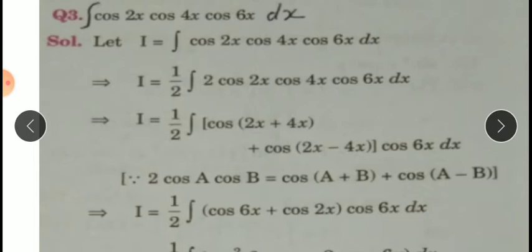You know the formula, 2 cos A cos B is equal to cos (A plus B) plus cos (A minus B). Here, 1 upon 2 integration, this is 2 cos A cos B, meaning 2x is A and 4x is considered as B, meaning I is equal to 1 upon 2 integration (cos (A plus B) plus cos (A minus B)) cos 6x.